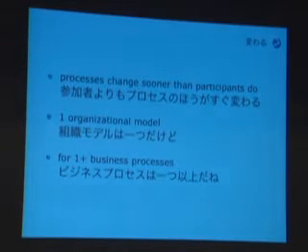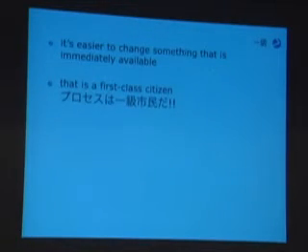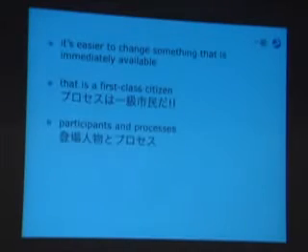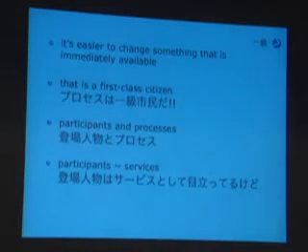So it's easier to change something that is immediately available, like a record in a database. But in our case, we need something that is a first-class citizen, and we need that for participants and processes. We could say that participants are services.